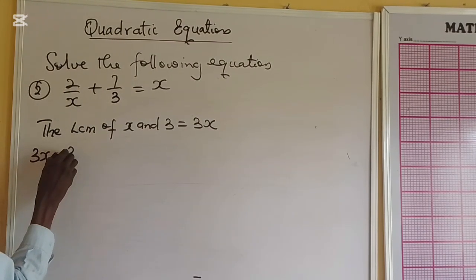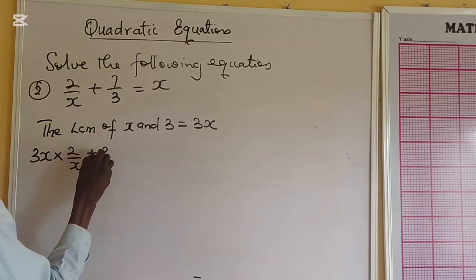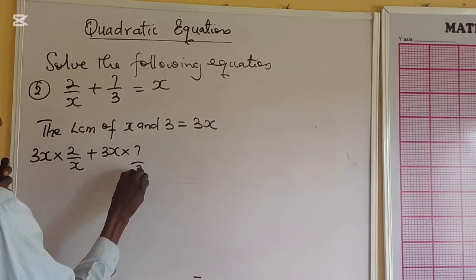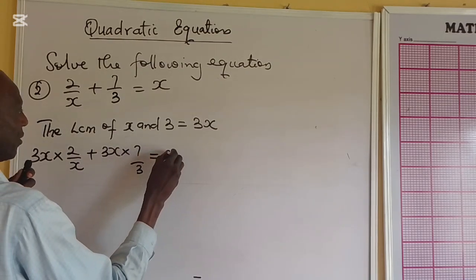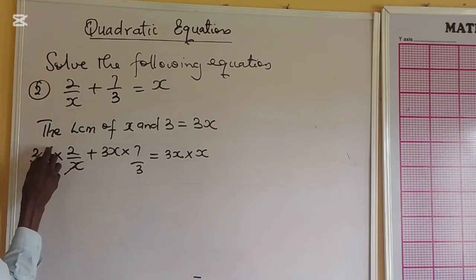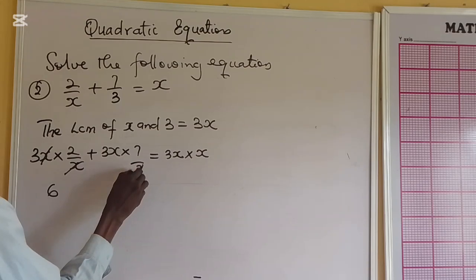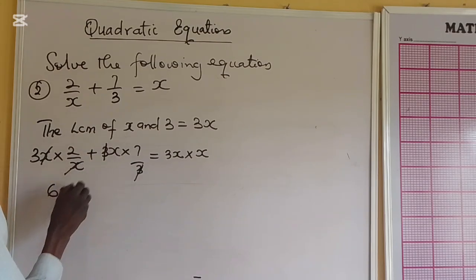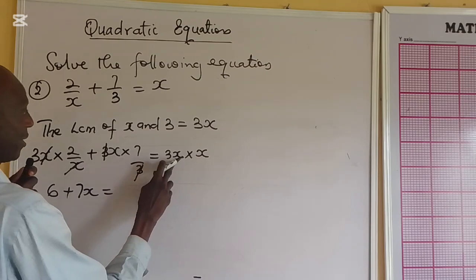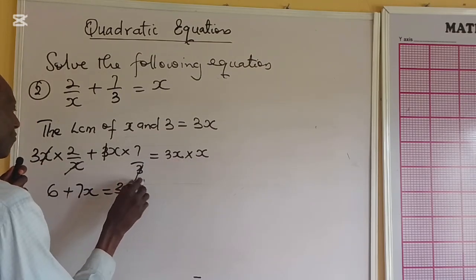I will now first use 3x to multiply this first fraction, which is 2 over x, plus 3x to multiply 7 over 3, is equal to 3x times x. So x will cancel x. 3 times 2 gives us 6. 3 will cancel 3. 7 times x gives us 7x. 3x times x gives us 3x raised to the power of 2.